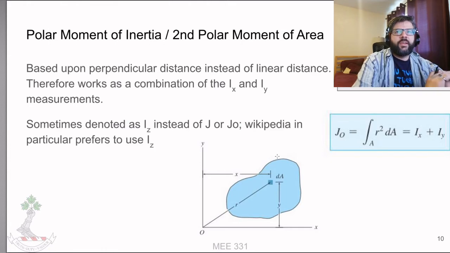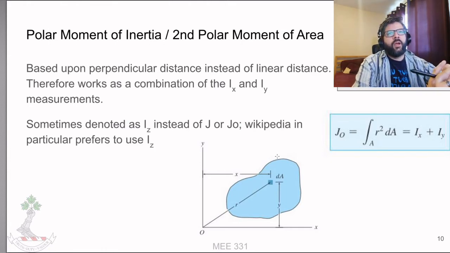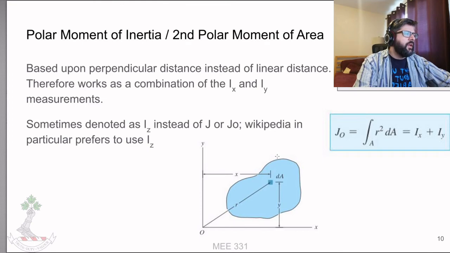We've also got the polar moment of inertia. This is basically working off a perpendicular distance instead of a linear distance. So we're working from a reference point, taking the radius from our reference point to the little dA squares.